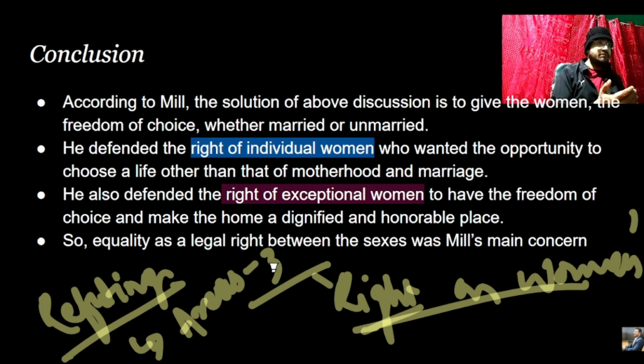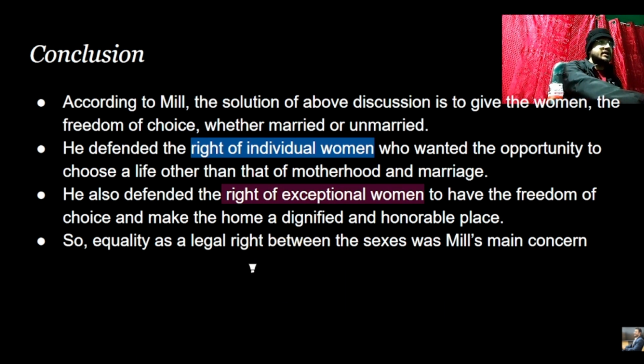Can you guys remember them? The three key areas are education, employment, and right to vote. On the basis of these three key areas, he propounds his idea on political rights of women, right? And this is the conclusion. So this is how we have seen his concept of rights of women.